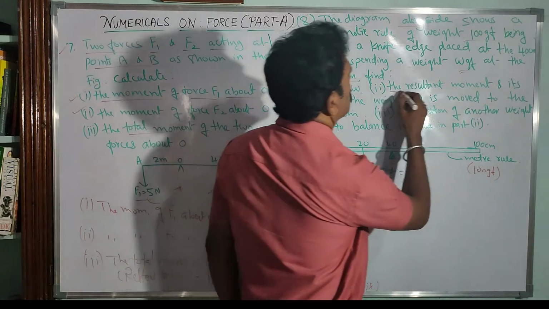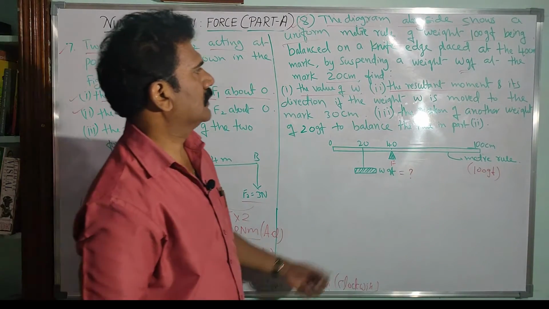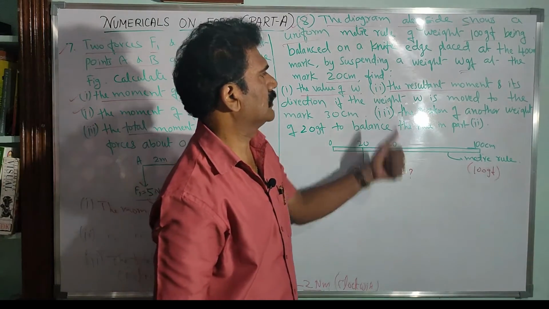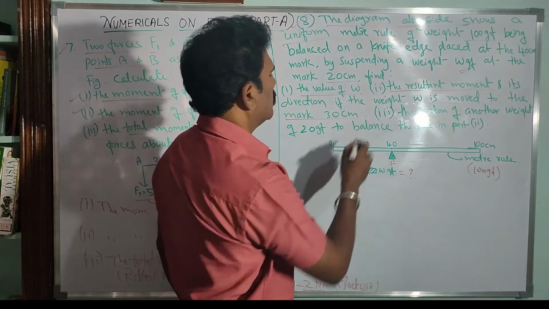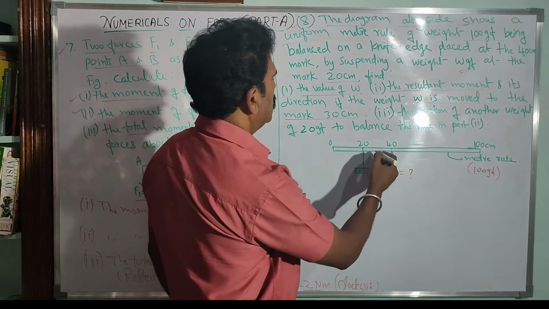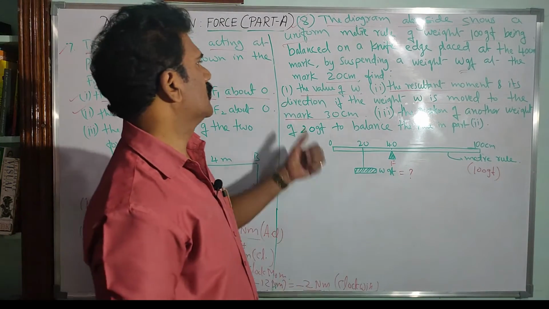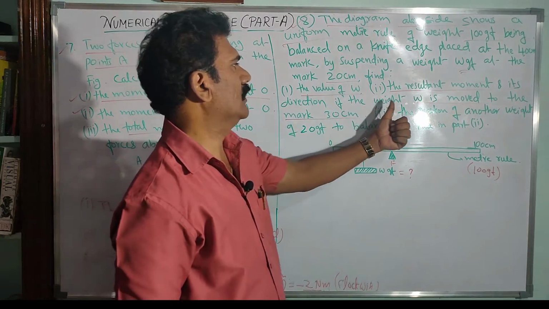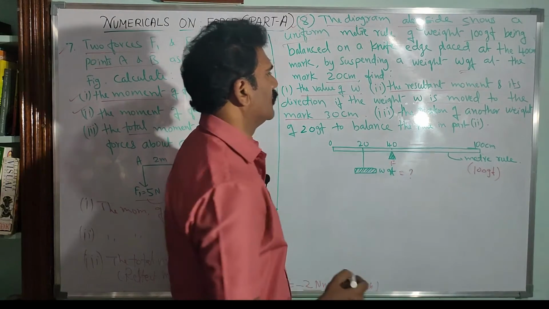Then find the resultant moment and its direction if the weight W is moved to the 30 centimeter mark, somewhere in between 20 to 30 centimeter marking.